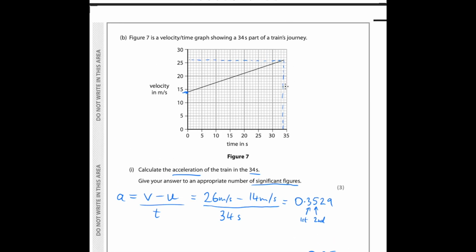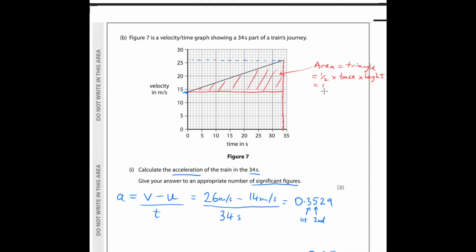So what does this look like? We need to work out all of that area. Now let's take the graph and break it up into 2 areas. So we've got this area here, which is a triangle. And the area of a triangle equals a half times by the base times by the height.